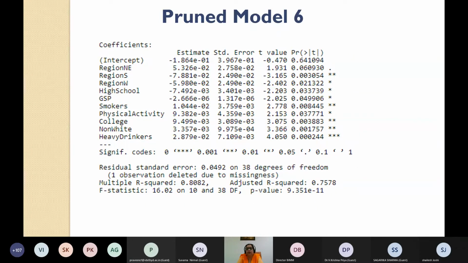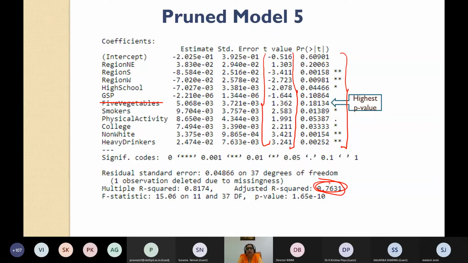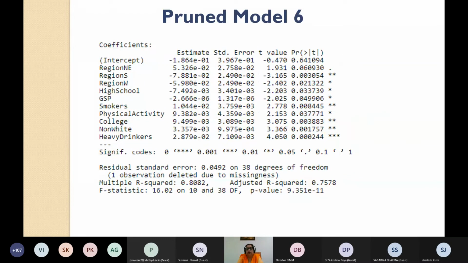If you go further, you can see the adjusted R square value has reduced.